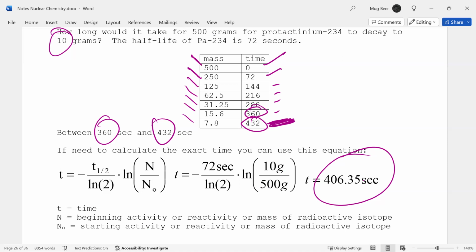Somewhere between 15.6 and 7.8, right? Just so you know that your answer needs to be between those. You can always get a guesstimate by throwing up one of these tables really quick and being like, okay, I know my answer has to be in between these two numbers.